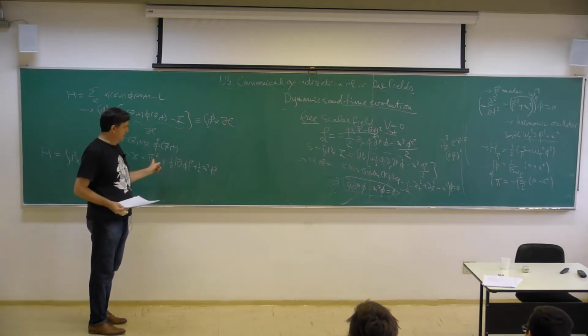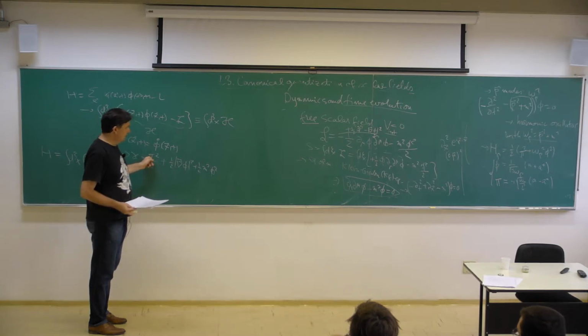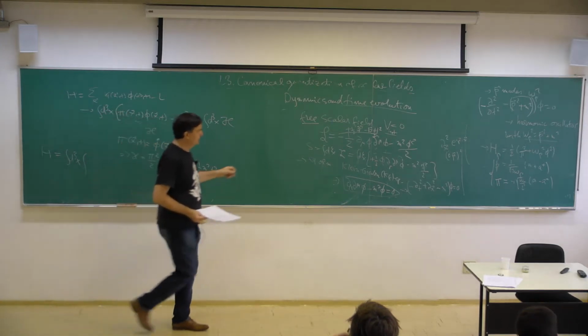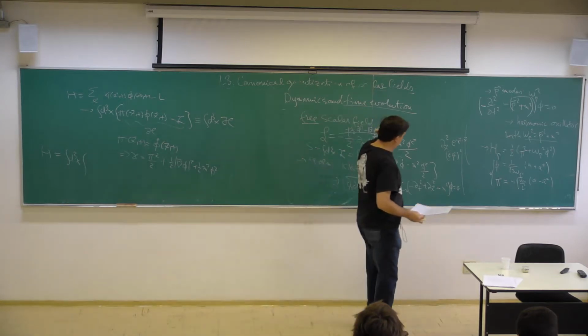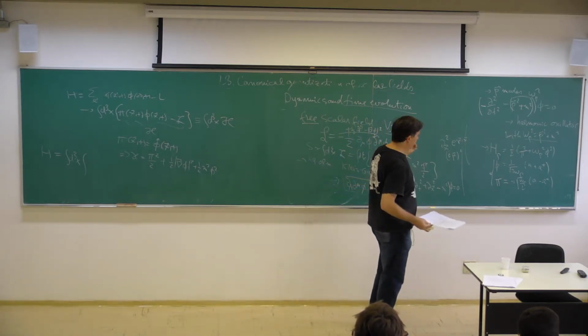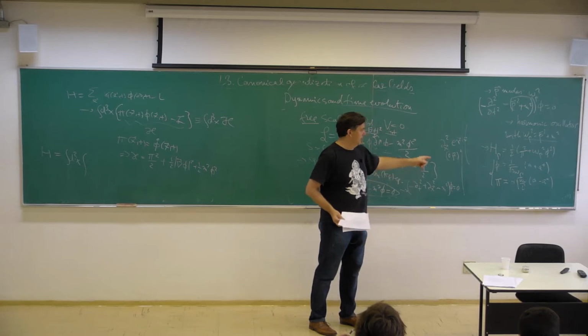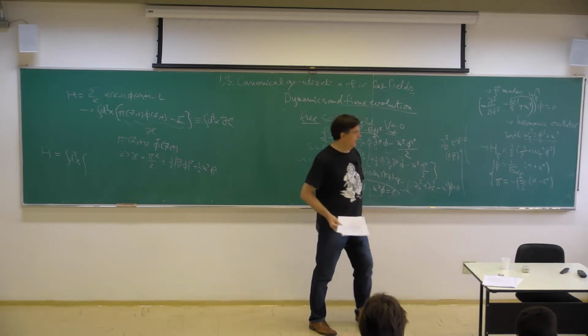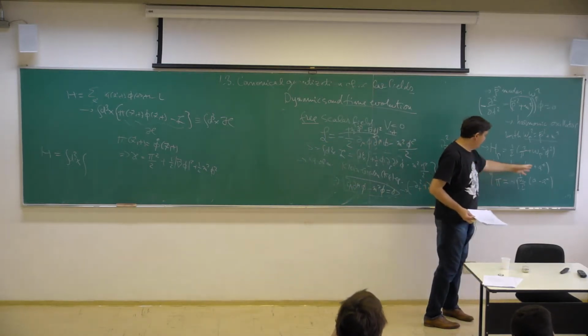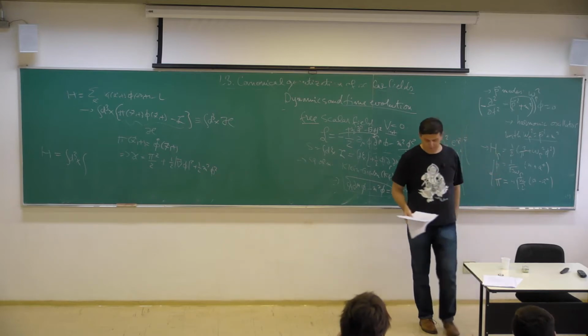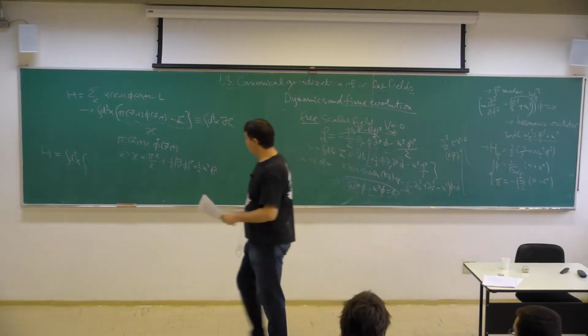All of the three terms are quadratic in phi's and pi's, and I will write each of them in the expansion, which I had before on the board, in terms of a and a dagger. So it's basically this expansion, but with an integral over p for each.